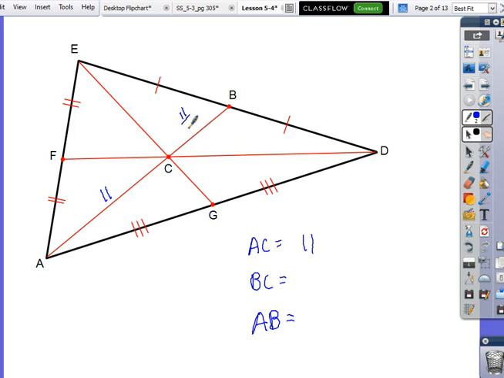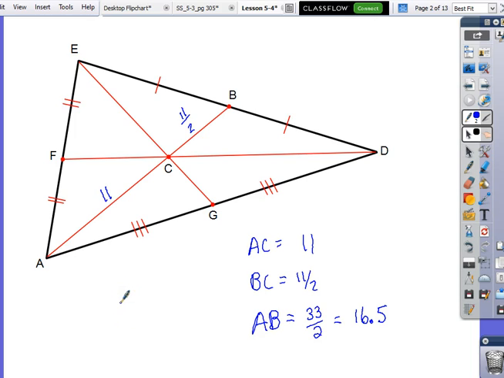So I could represent BC as 11 divided by 2, or 11 halves. Or you could do 5.5. So AB is going to be 11 halves plus 11. That's 11 halves plus 22 halves, which is 33 halves. Or if you wanted to, you could say 16.5.